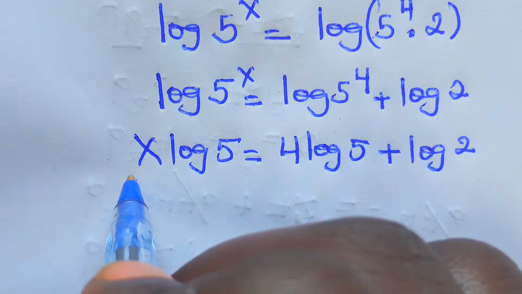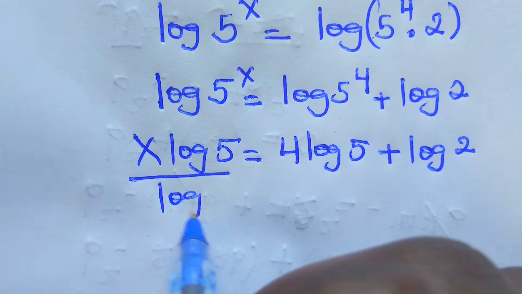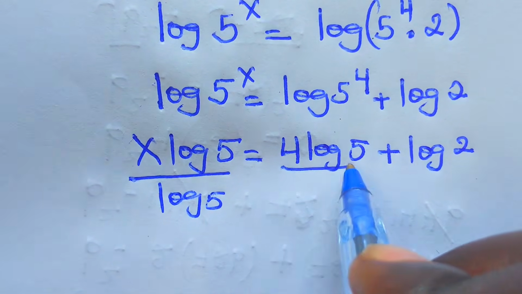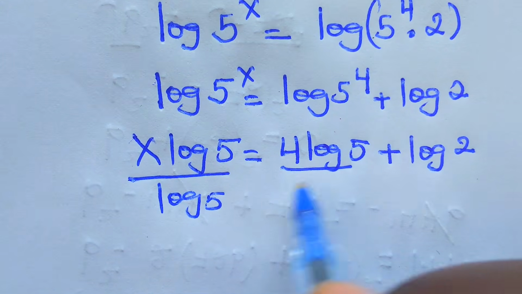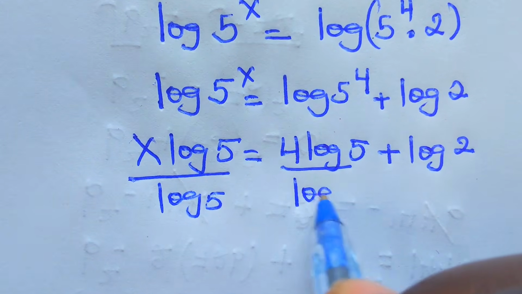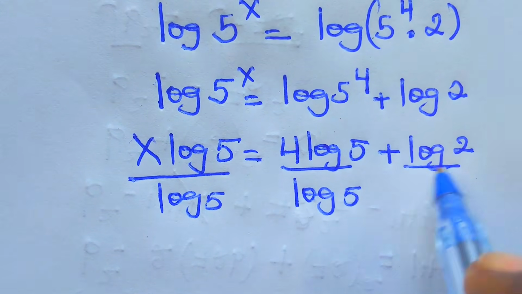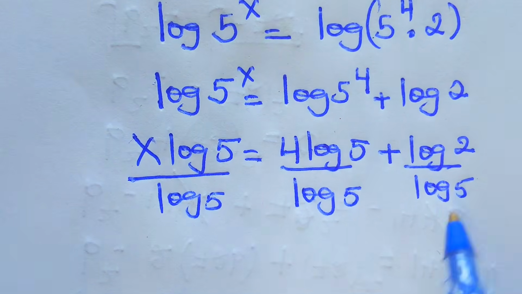So it is easier to divide logarithm of 5 on each of the terms that we have right here. Divide logarithm of 5 again here.